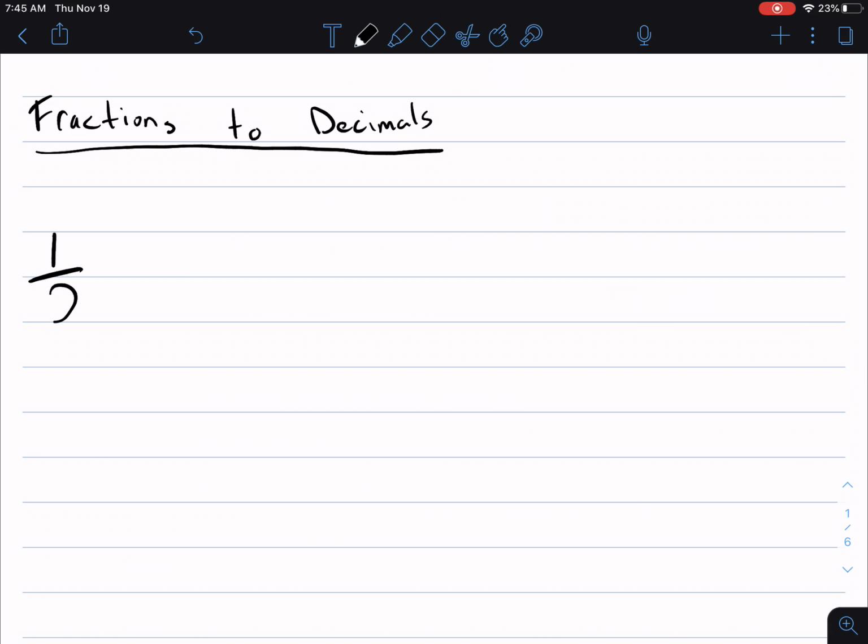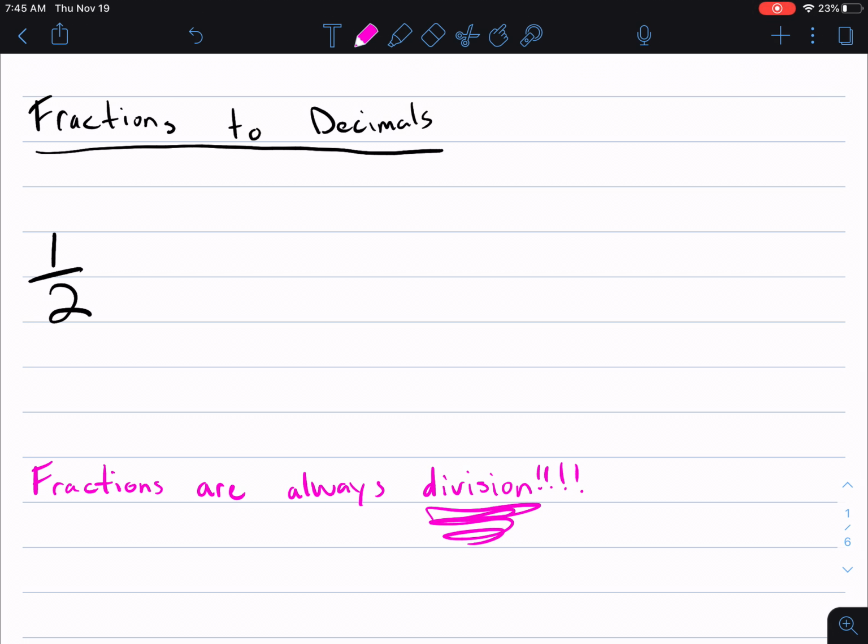I have 1 over 2. Remember, fractions are always division. Fracciones siempre son ¿qué? Siempre son divisiones.